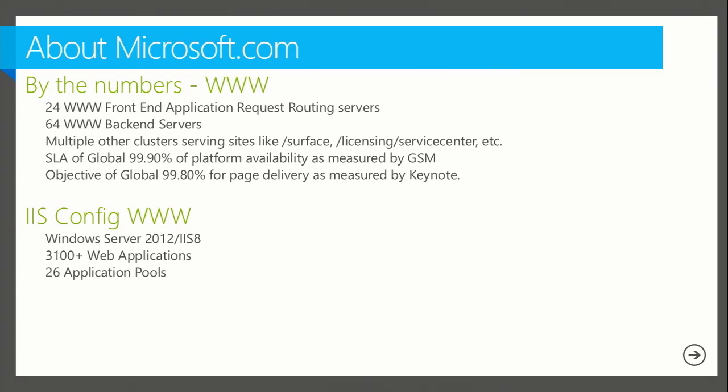We've been moving away from the monolithic approach where we have all the content on all the servers, and have an increasing number of sites with their own back-end content clusters, sites like Surface, Volume Licensing, Service Center, and Licensing. We have a global platform availability SLA of 3 nines, 99.9%. And we're moving to GSM as our baseline platform to measure that.